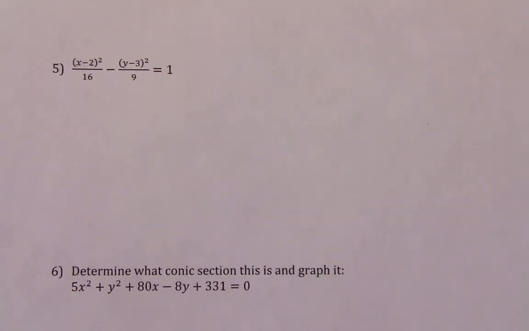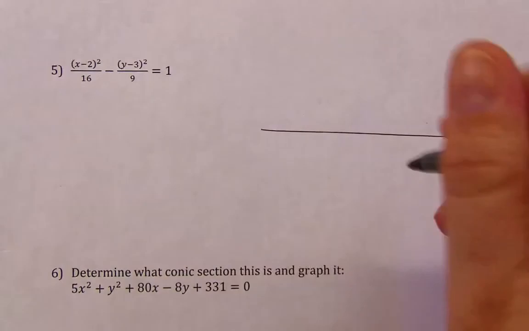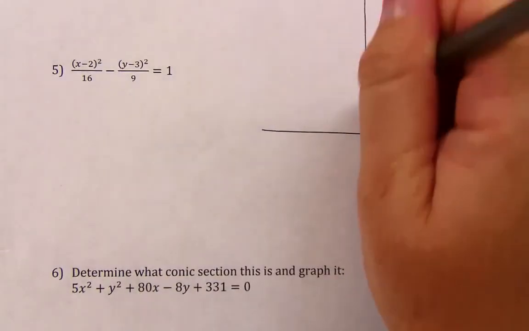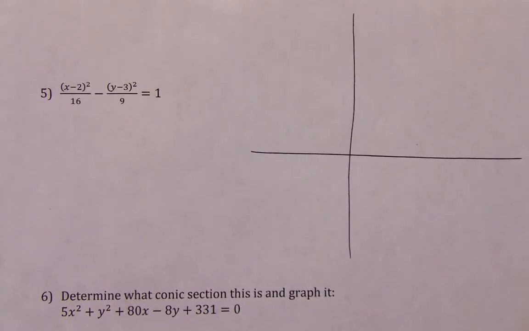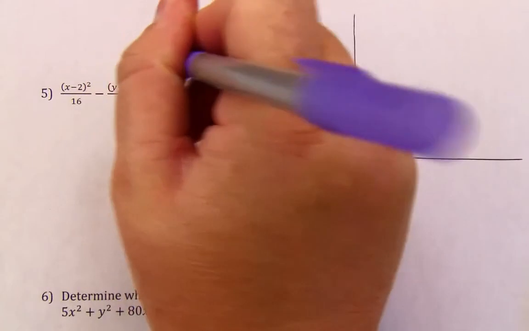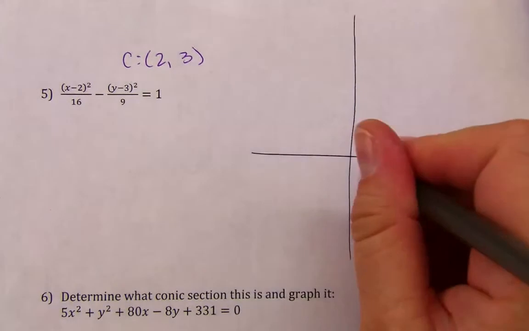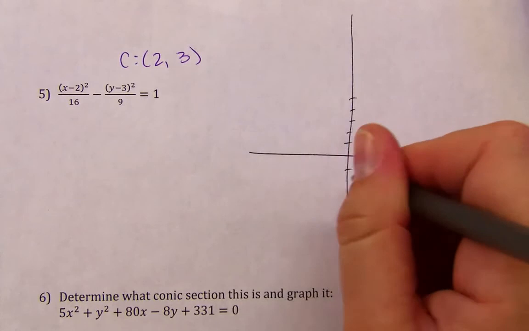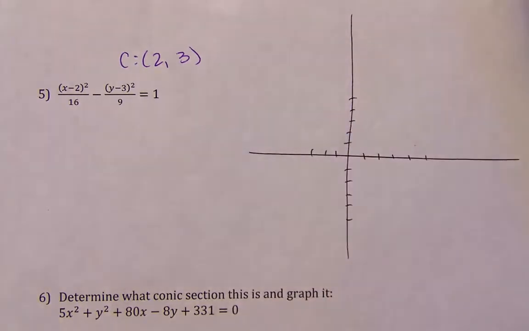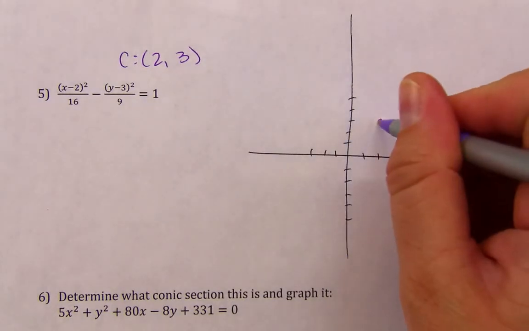So now we have a hyperbola that is no longer having the center at the origin. Okay, so we want to be careful about this graph. Okay, and let's go ahead and state what our center is right away. Our center is going to be at (2, 3). And so we have 1, 2, 3, 4, 5. 1, 2, 3, 4, 5. So our center is at (2, 3).